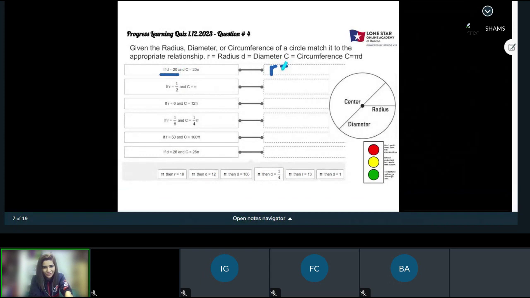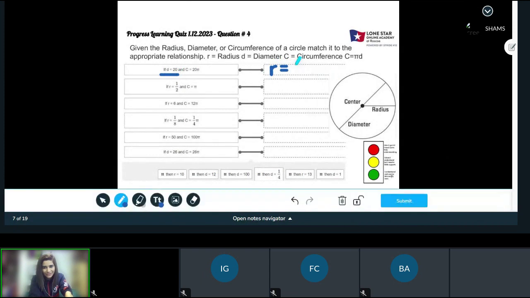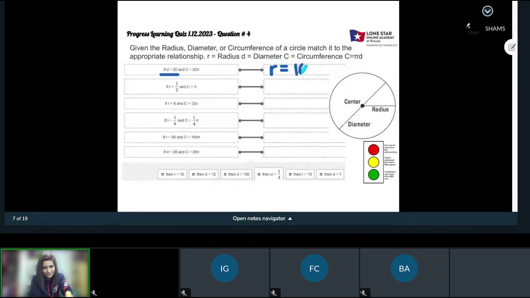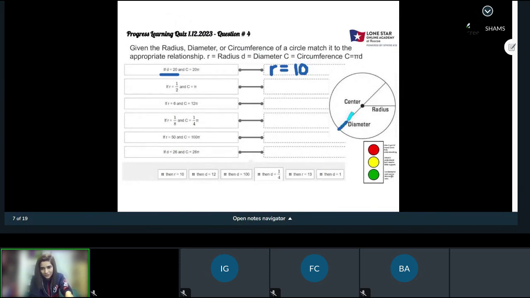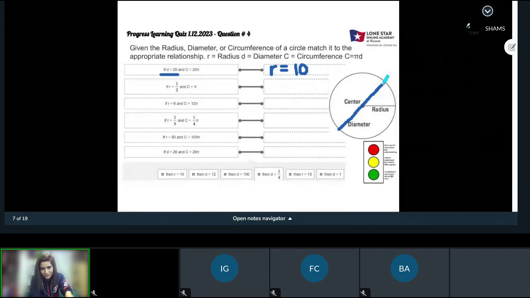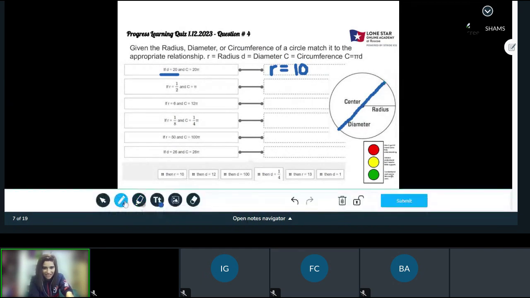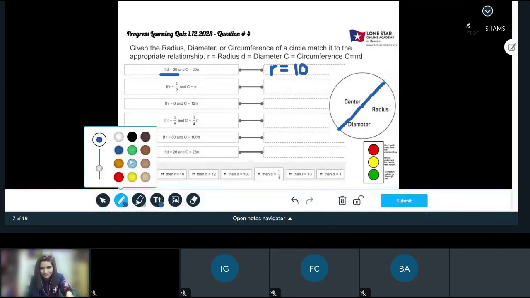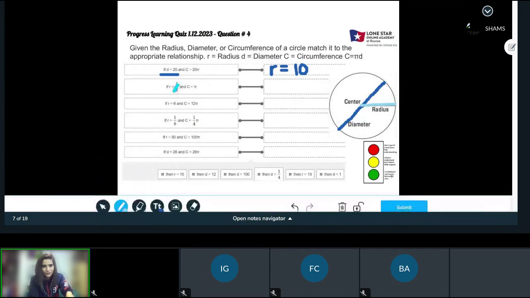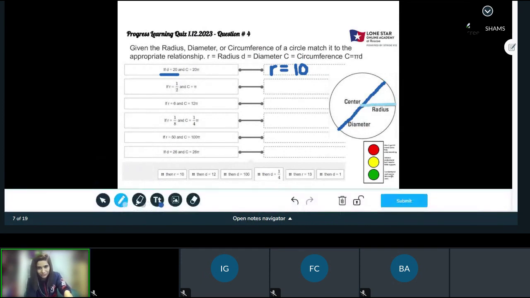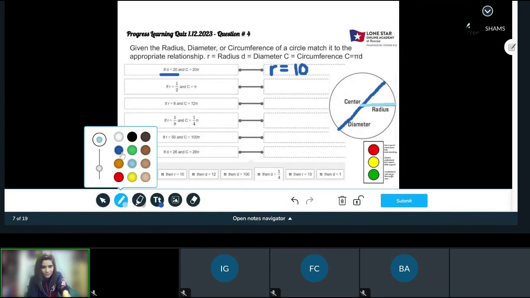If diameter is 20, then radius gotta be 10. Half the size. Look at the image of the circle and you get to know, right? The diameter is 20. The longer one is 20. Then radius gotta be half the size. That will be 10. I won't even look at the entire question and confuse myself in this one. I'm gonna move on to the next one.